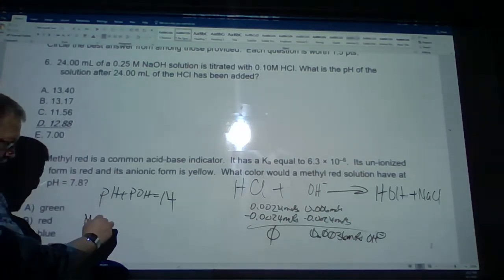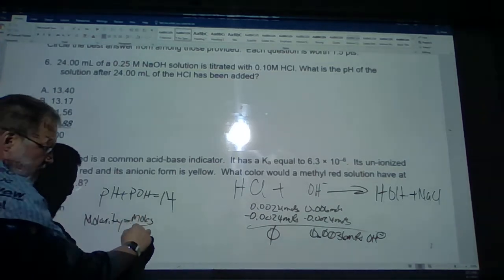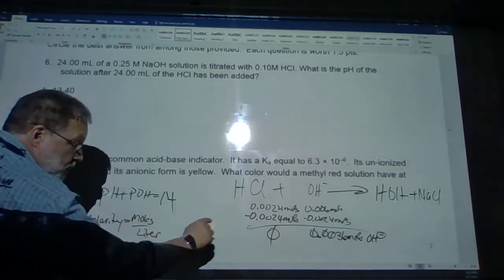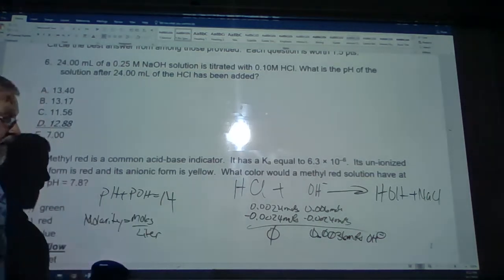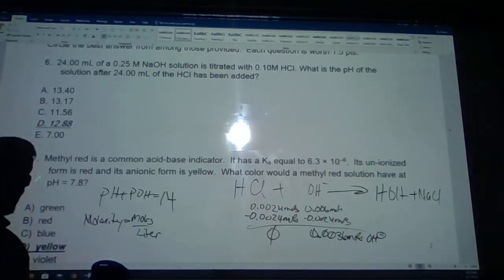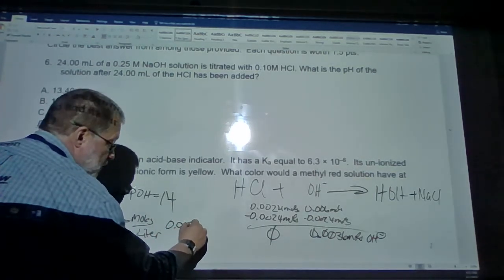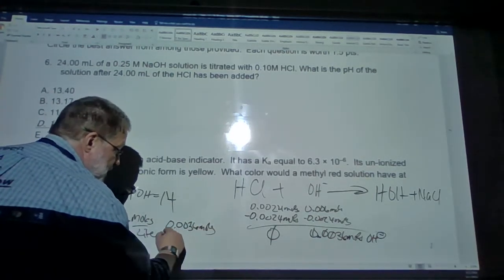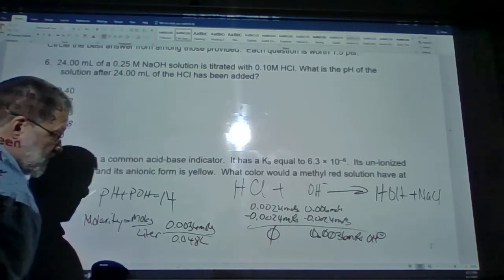Molarity is moles per liter. If we're specifically looking at the molarity of OH, it's the moles of the OH minus ions. So molarity is 0.0036 moles divided by 0.048 liters.